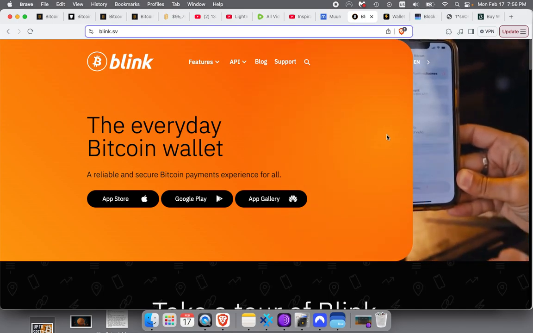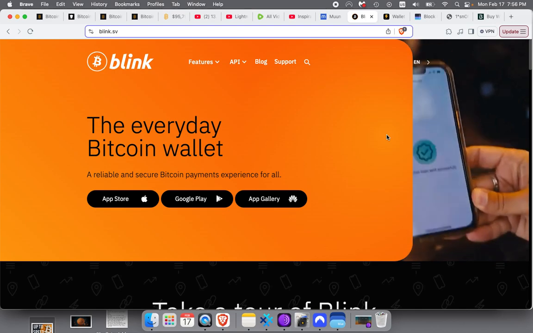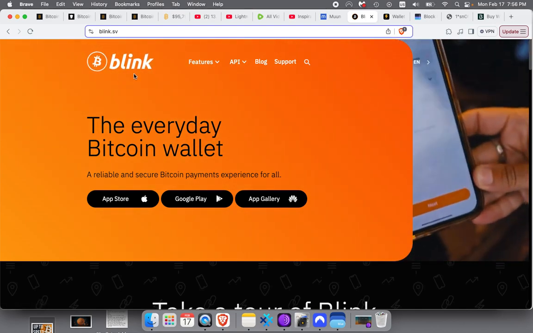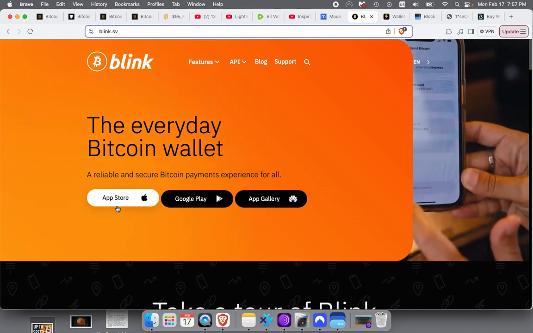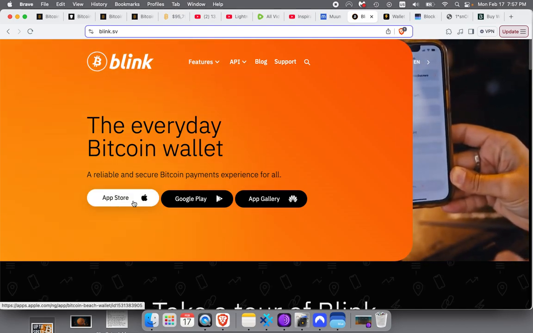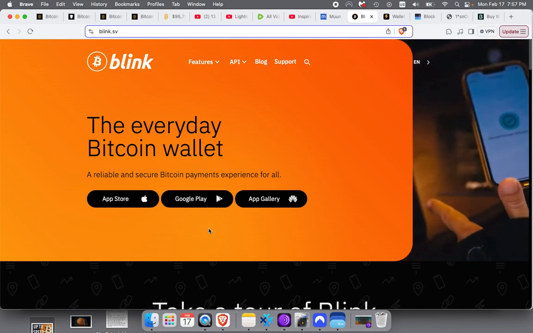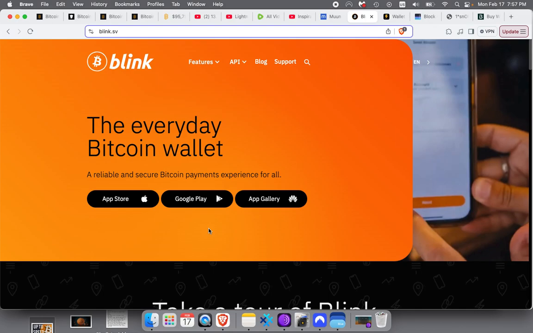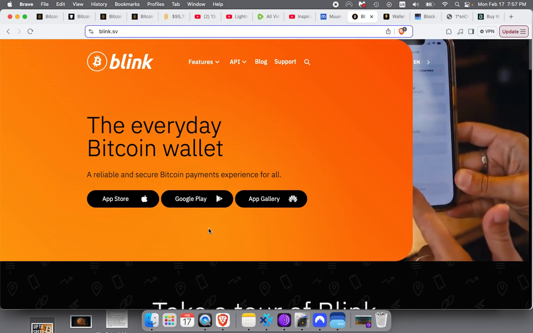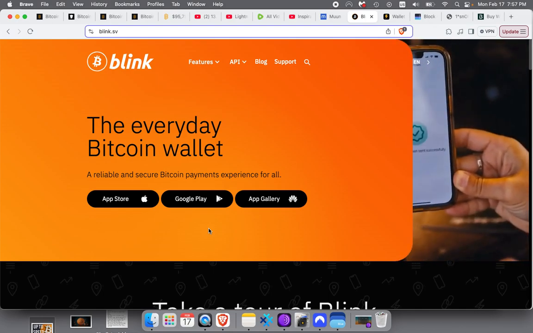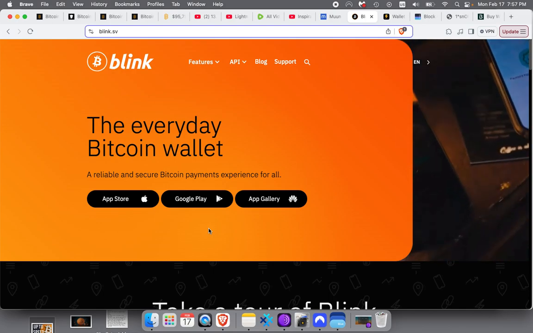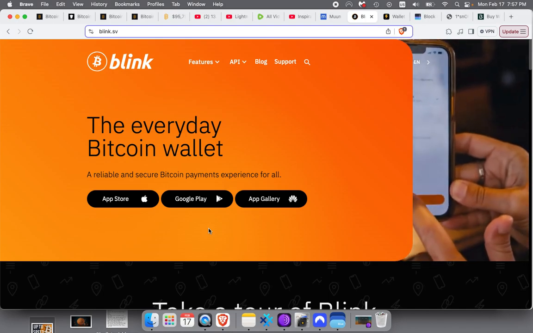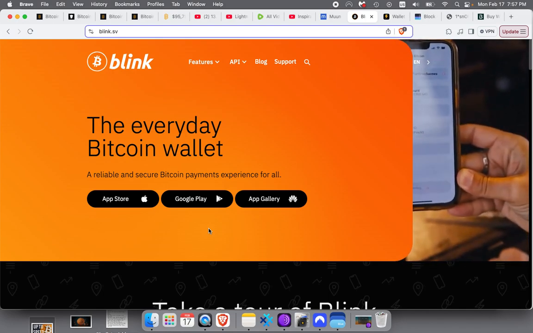So let's say, for example, if you want to onboard your family, your friends, you just send them that link for the app, and then they just download the application on their phone, and then they can start having some Bitcoin. Now you may want to send them, let's say, $10 or $50 of Bitcoin, and as time goes on, they can watch the price going up and down, and they may want to have some more in the future, right?